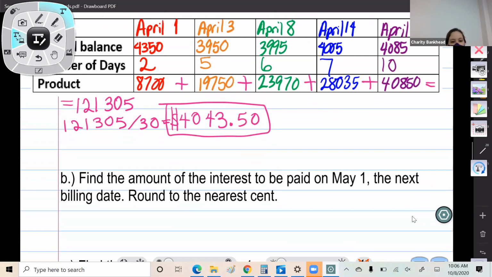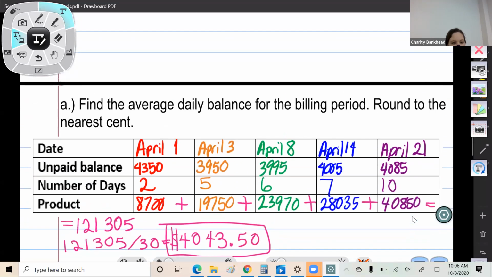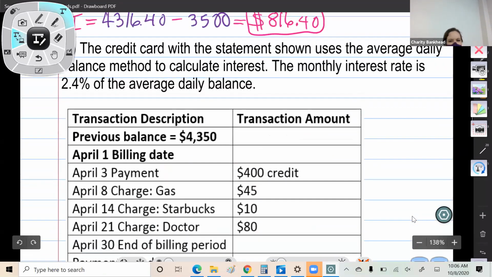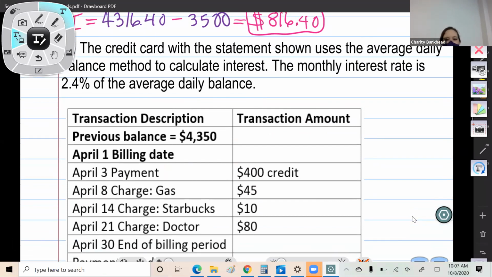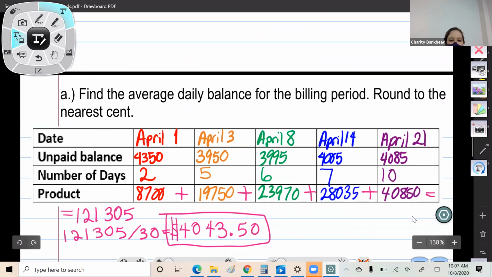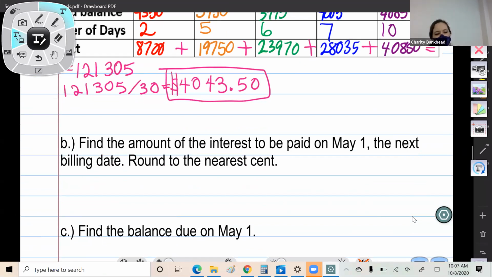All right, so find the amount of interest to be paid on May 1st, the next billing date, round to the nearest cent. So it told us up here that the monthly interest rate is 2.4% of the average daily balance. So we just calculated the average daily balance.